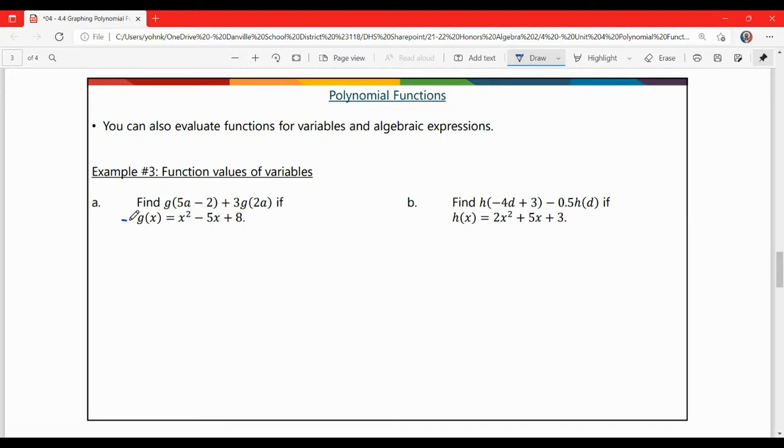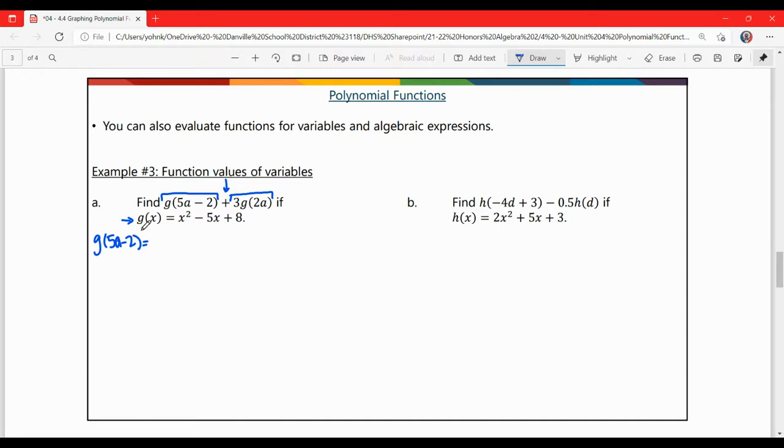And we know that g of x is equal to x squared minus 5x plus 8. All right, so there's kind of two parts to this problem. There's g of 5a minus 2, and there's 3 times g of 2a. So if I can find those two pieces, then I'm going to add them together, and I'll get my final answer. So let's find g of 5a minus 2 first.